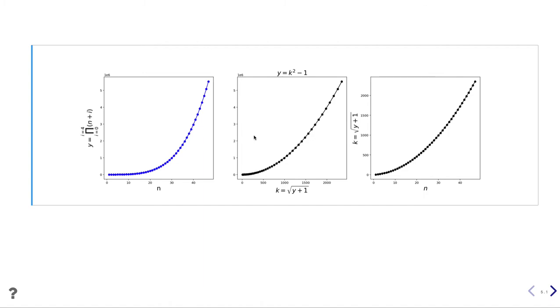Similarly, in the middle plot we have the value k, which is the square root of y plus 1. If we consider y equal to k square minus 1, what does that value look like for every k? And on the rightmost plot we have n, the first number, and how it maps to k, which is the perfect square root we want to get.